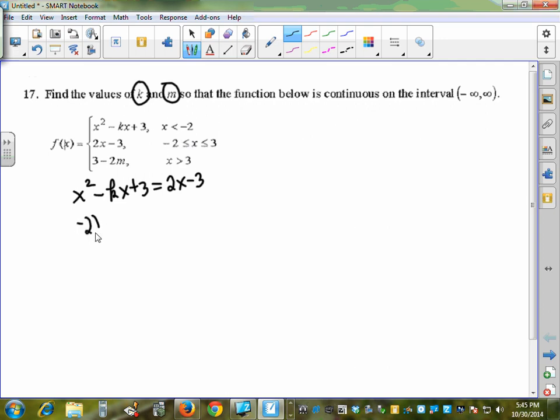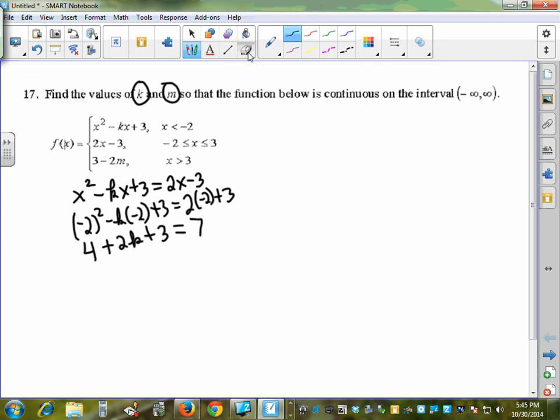So I'm going to plug in -2 everywhere I see x. Simplifying, that'll be 4 plus 2k plus 3 is equal to 7.